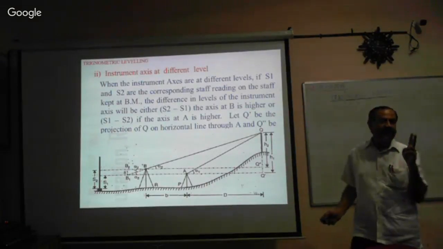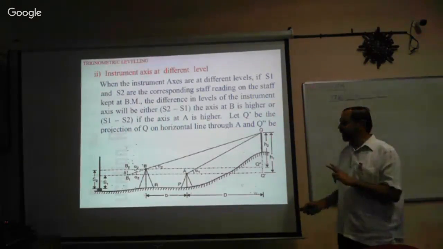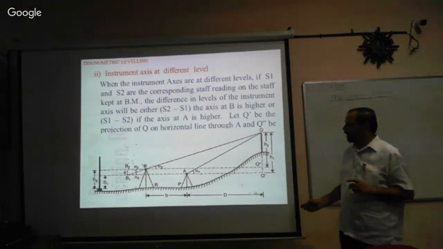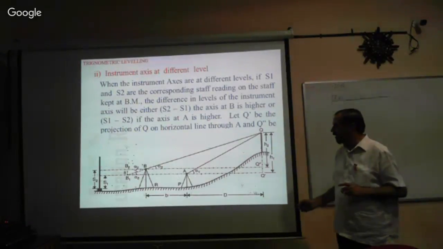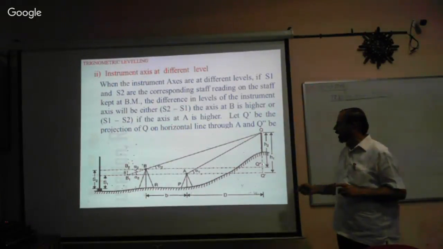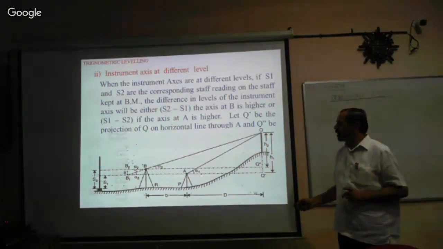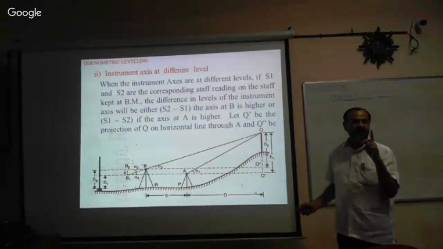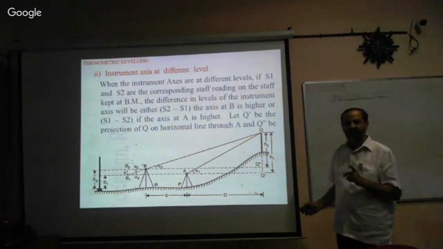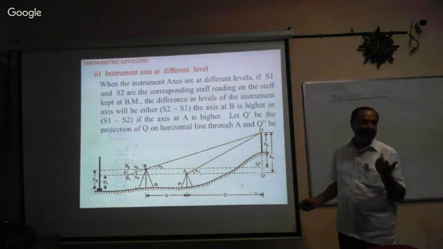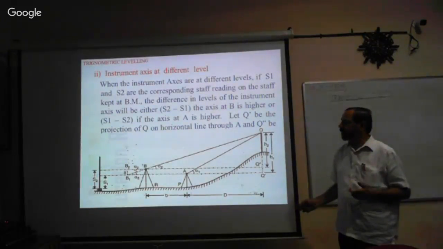Now here the situations are different. What we are observing here is that the instrument axis of the instrument station nearer to the object is lower. Please note this. The other one is higher.